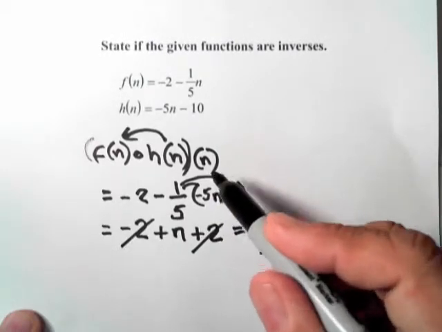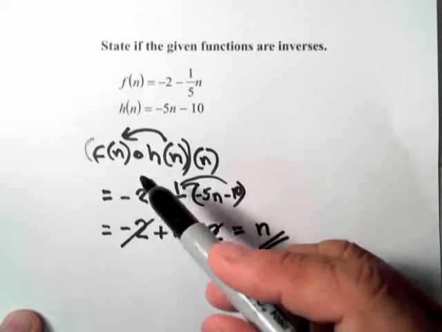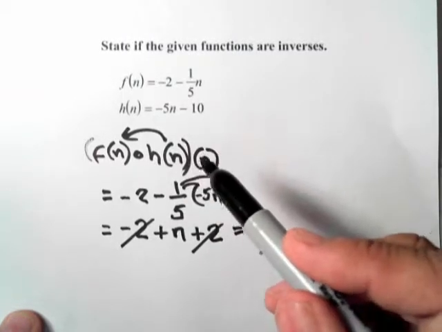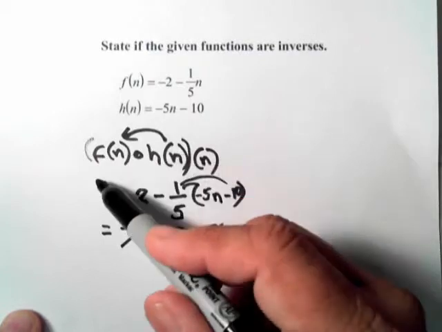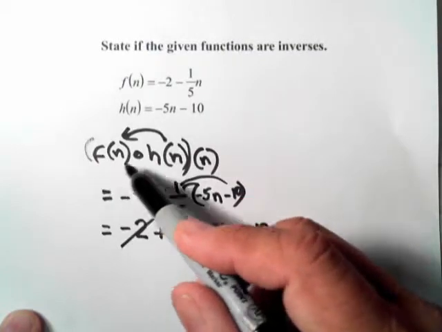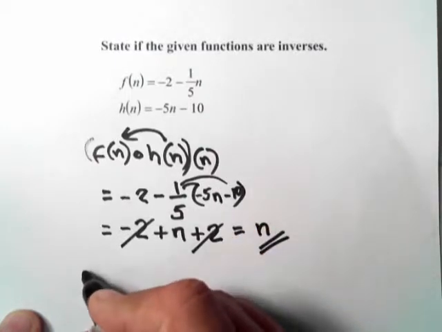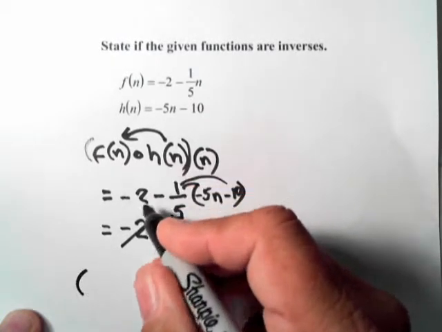So it passes the test going this first way, but it has to go both ways for it to be the inverse. There are cases where you get it to work one way in a composition and not in the other, which means that they're not inverses. Okay, for the second test, we go the other way around.